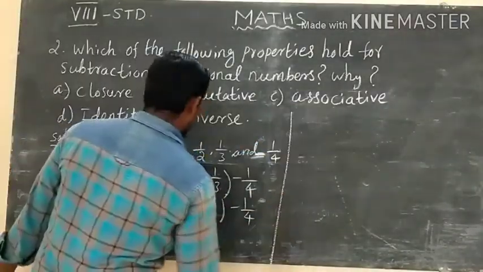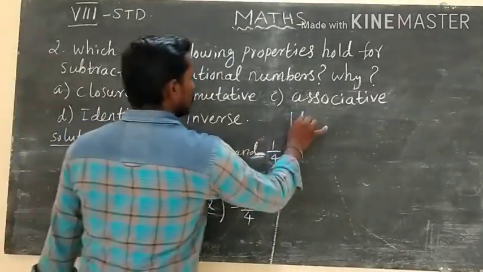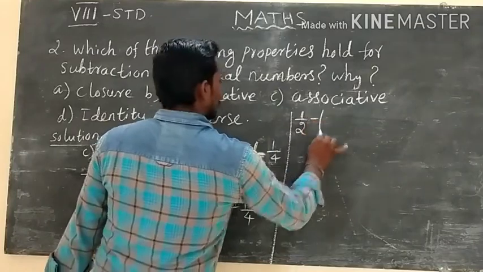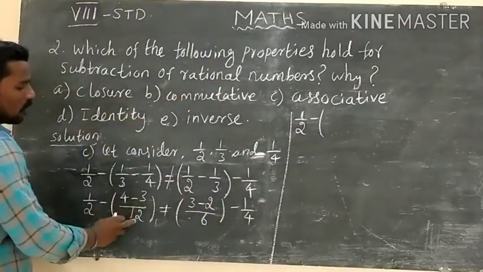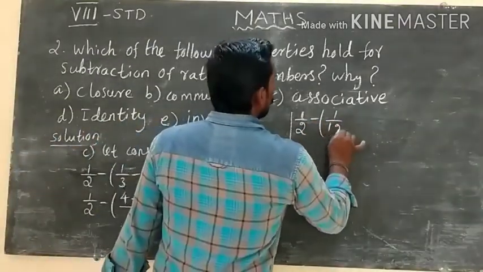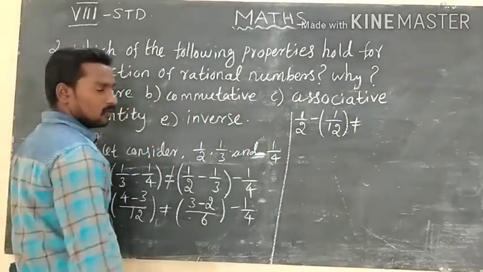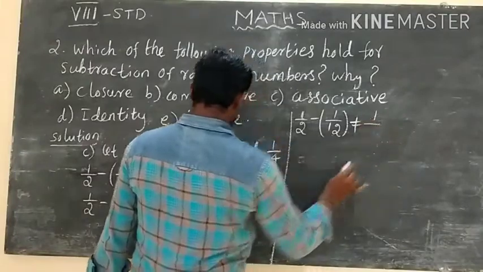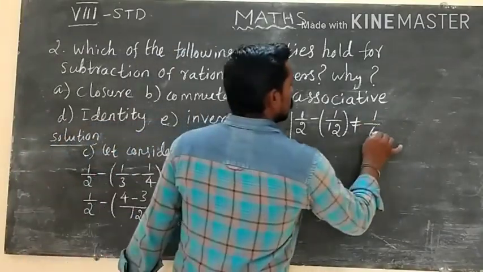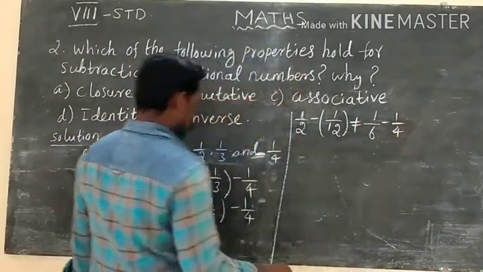Okay, the same. Making the simplification, 1 by 2 minus 4 minus 3, 1 by 12. 1 by 12 is not equal to 3 minus 2, so 1 by 6 minus 1 by 4.